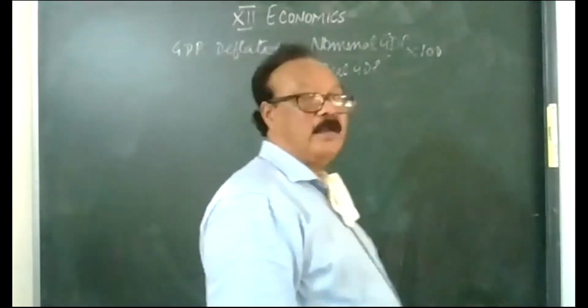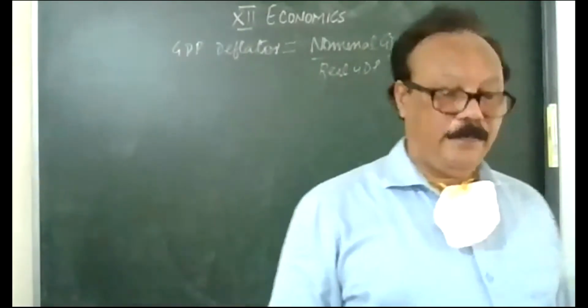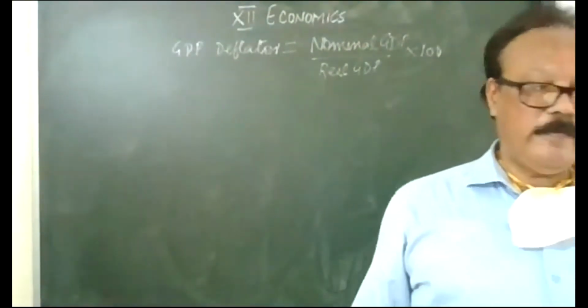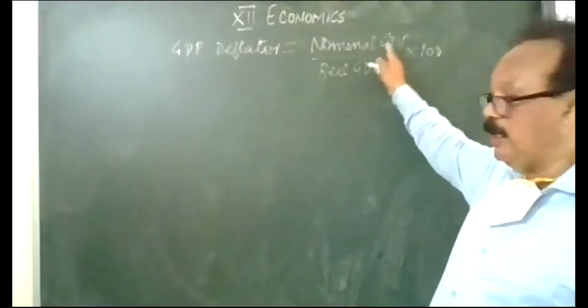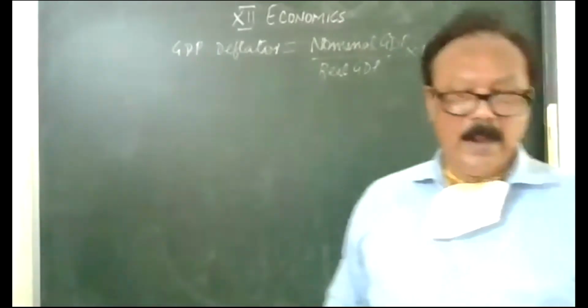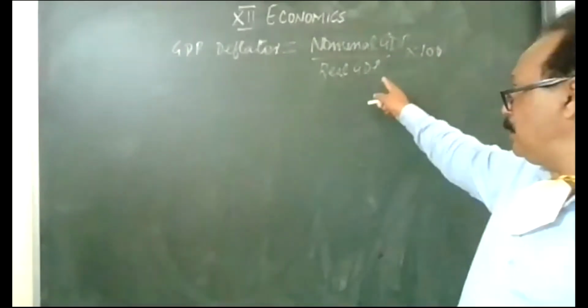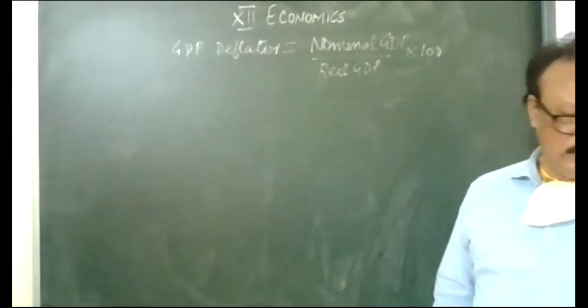This is how you find the GDP deflator. It is the ratio between GDP at the current price, the nominal GDP, and GDP at constant price, the real GDP, times 100.